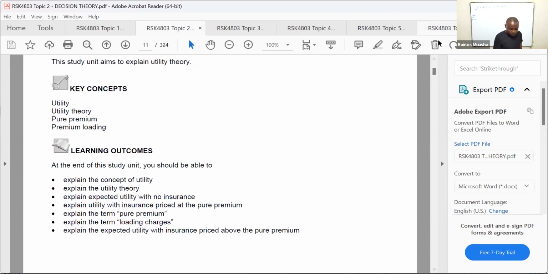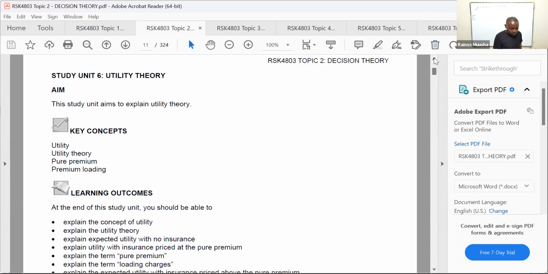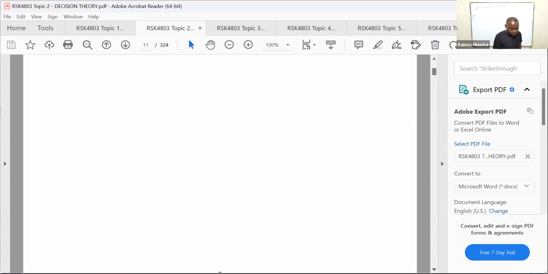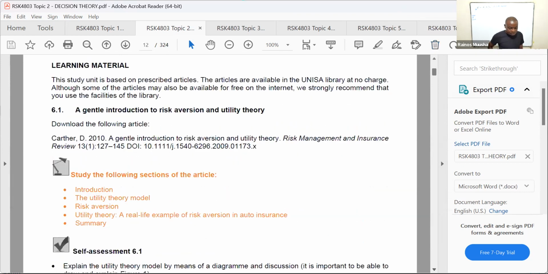Study unit 6 looks at utility theory. Remember, when it comes to utility, by definition, utility is the satisfaction that one derives from the use of a particular asset or resource.